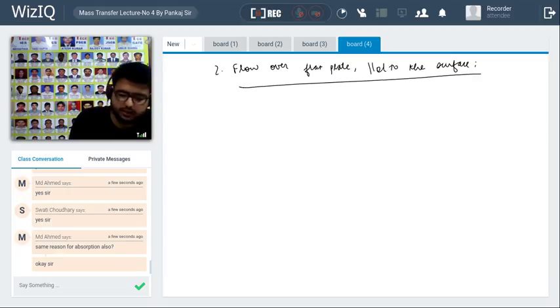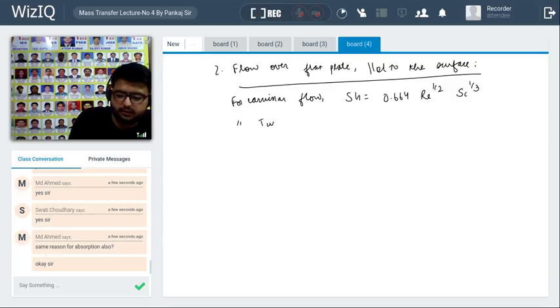Now this is again boundary layer theory. For laminar, Sherwood number is equal to 0.664 Reynolds number raised to the power 1 by 2, Schmidt number raised to the power 1 by 3.